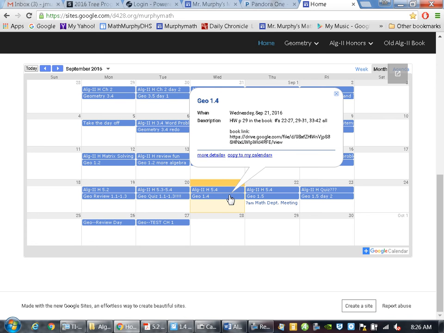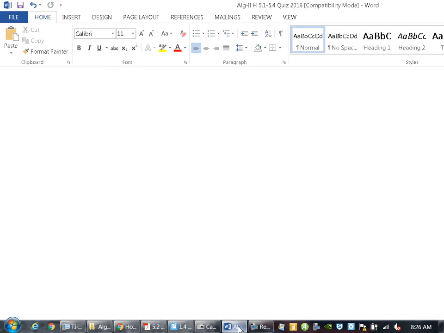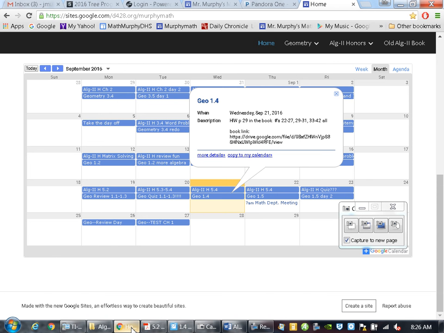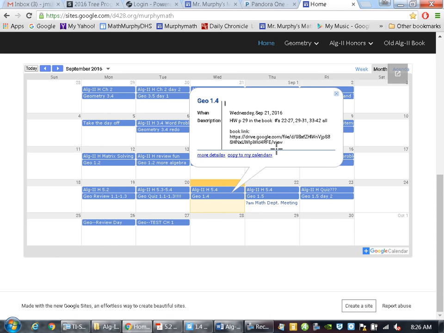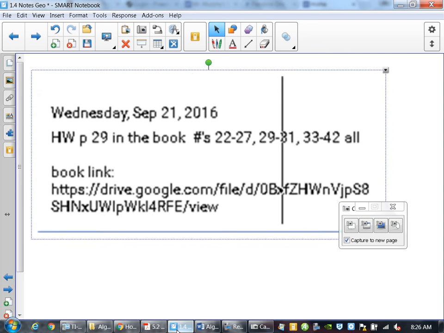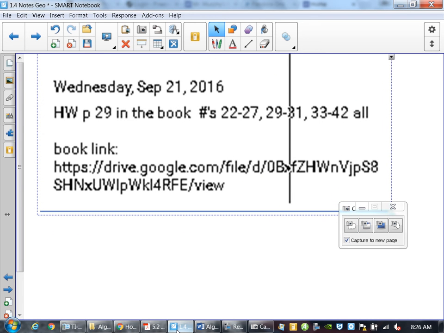It was page 29 in the book, 22 through 27. It's on the calendar. Page 29 in the book, 22 through 27, 29 through 31, 33 through 42. I tried to put a direct link for the page on the calendar. I don't know if it worked. You might have to copy and paste it.